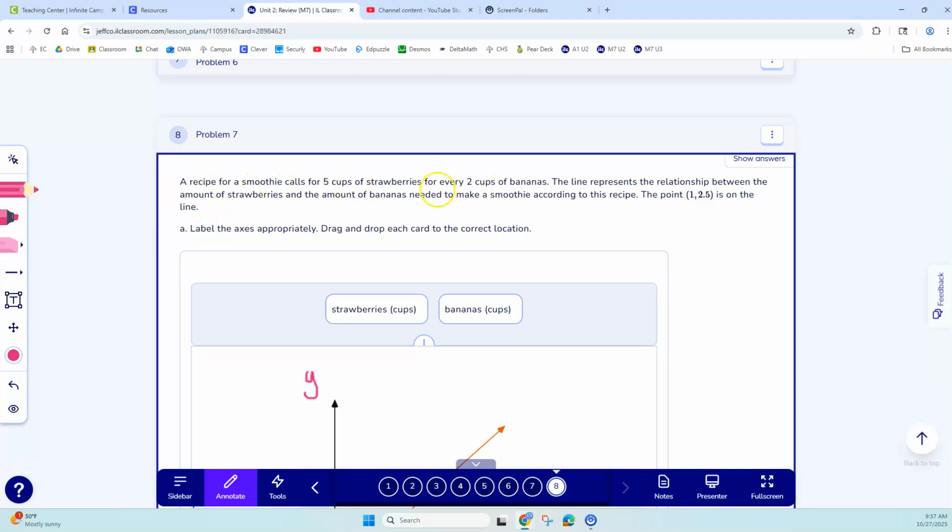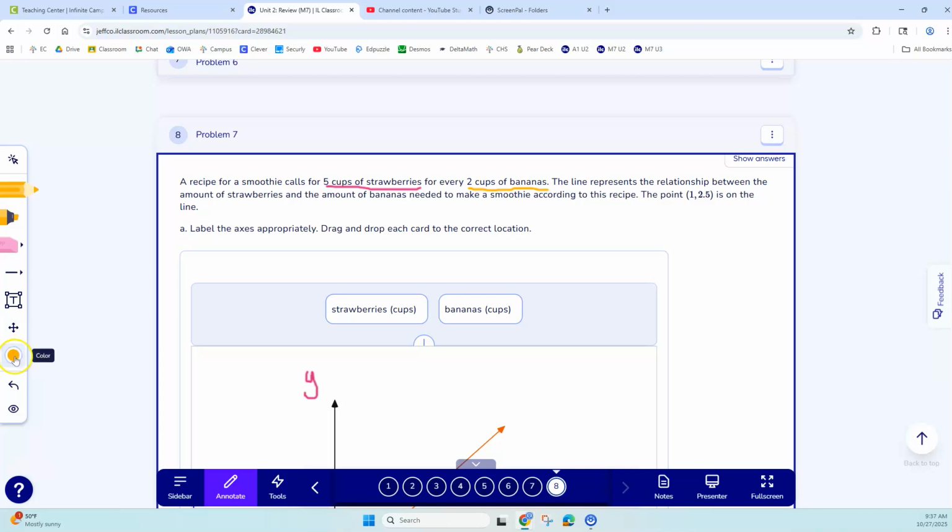Up here in the smoothie recipe, which ingredients do you need more of? We need 5 cups of strawberries for the recipe, and we need 2 cups of bananas. So that means we need more strawberries than bananas. And that's just something to think about.